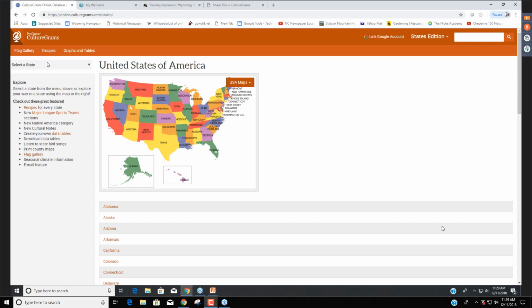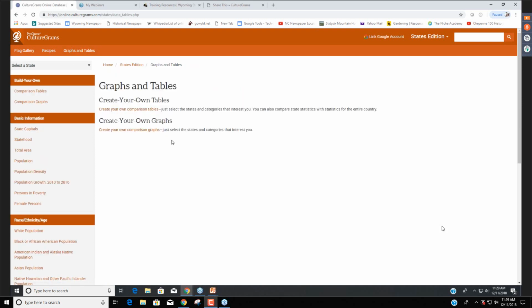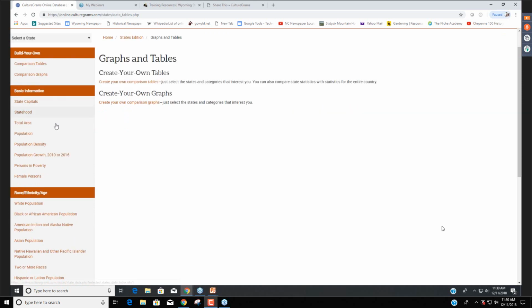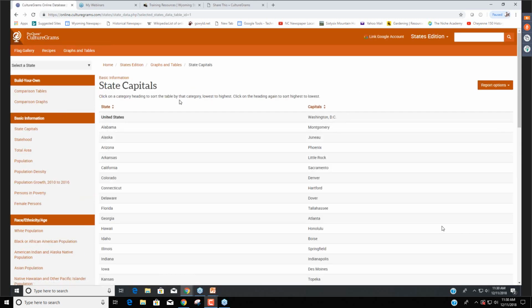I'm going to come back out here to the state's main page and click on graphs and tables. Here you can create graphs and tables for basic information about the states. So for example, you can get a list of the state capitals, either alphabetic by state or alphabetic by capital, just by clicking on the up-down arrow next to that category.